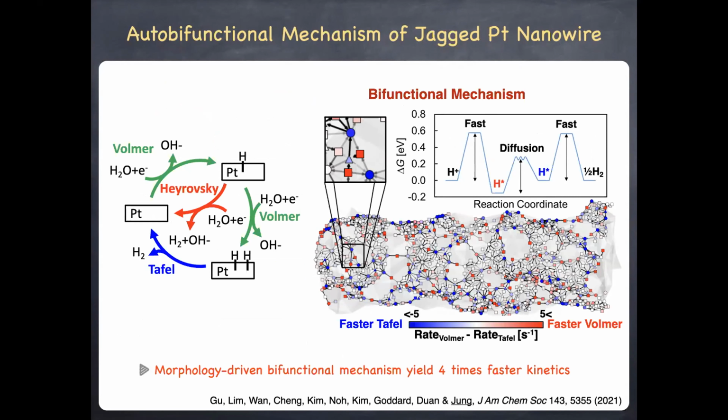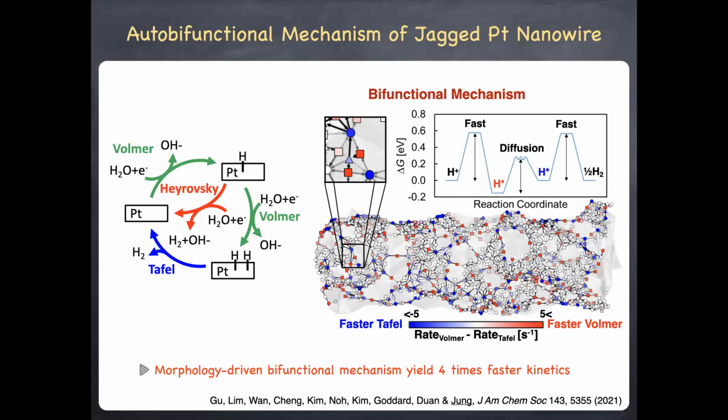Hydrogen evolution reactions consist of two steps. First step is the adsorption of the proton from the solution to the platinum surface. And then hydrogen atoms adsorbed on the platinum surface are coupled and hydrogen molecules are produced. And we found that because of these amorphous-like structures, certain platinum sites are pretty good at adsorptions, while others are pretty good at hydrogen-hydrogen couplings.